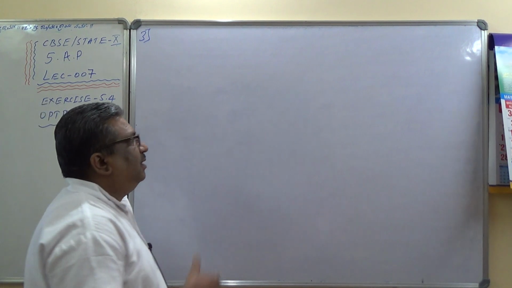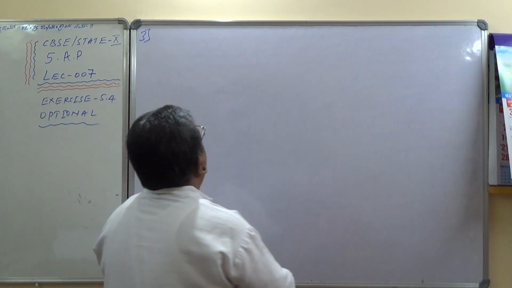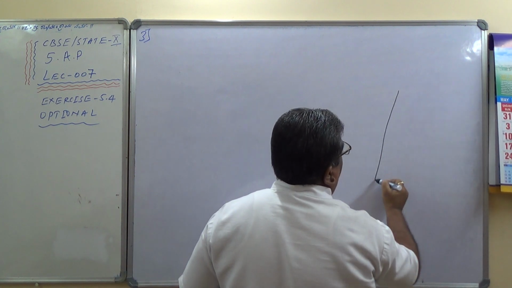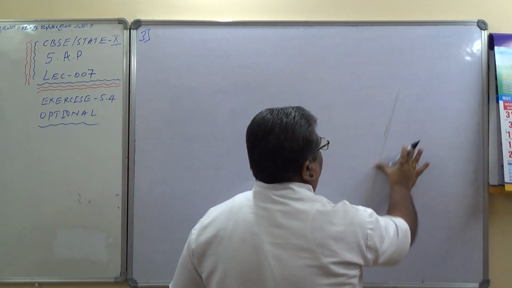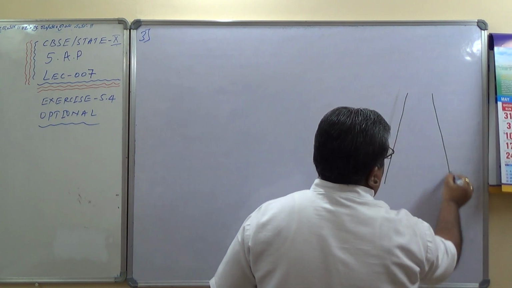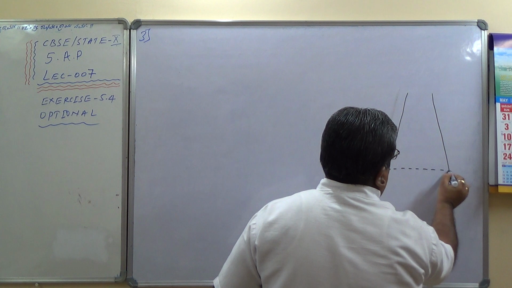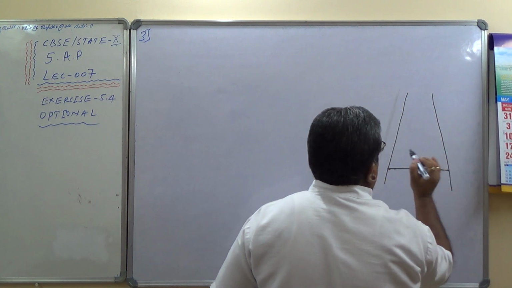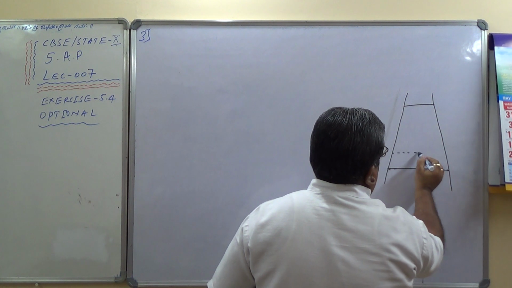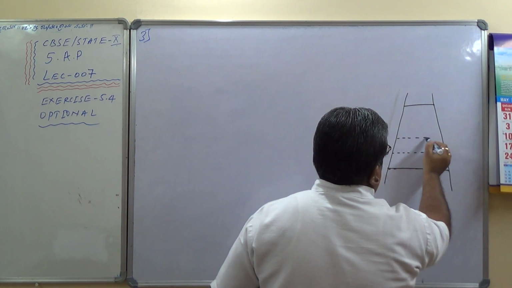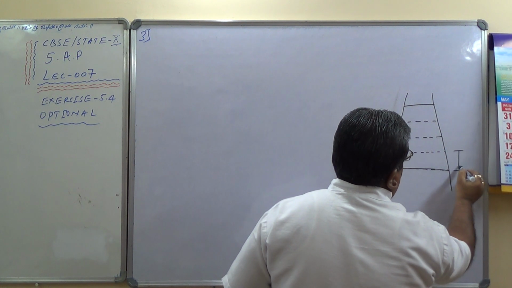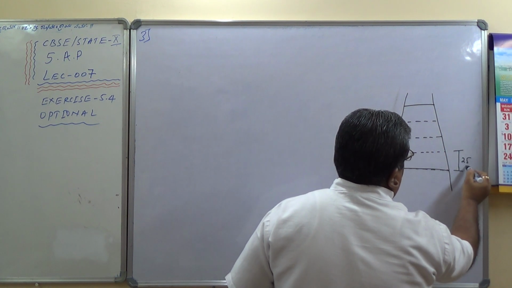Let us solve the ladder sum. So third one, here we'll draw the ladder once again. And this is how it is. First rung, last rung, in between you have a few more rungs. Distance between each is 25 centimeter.